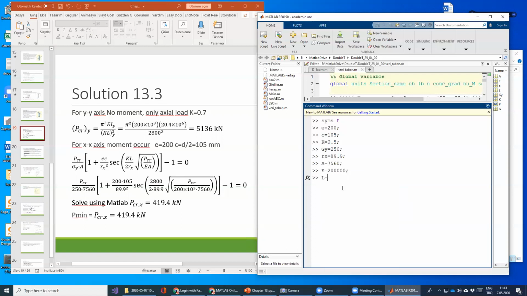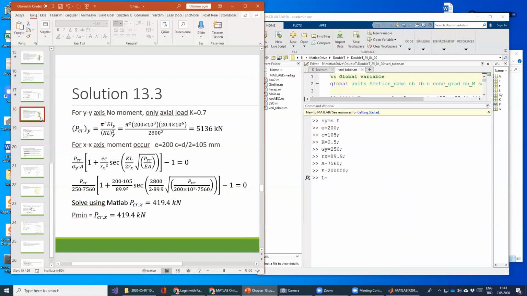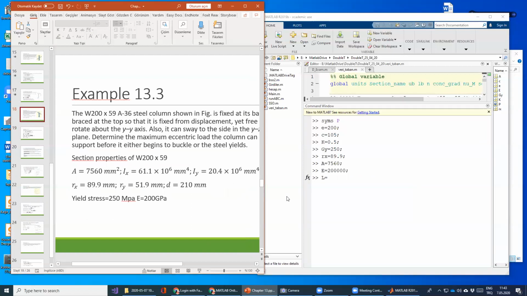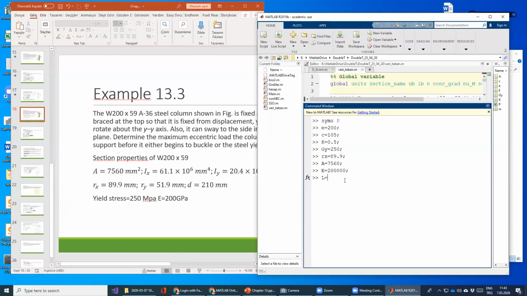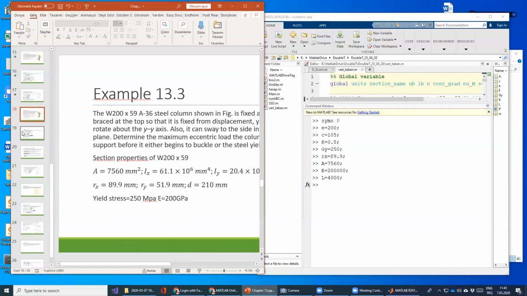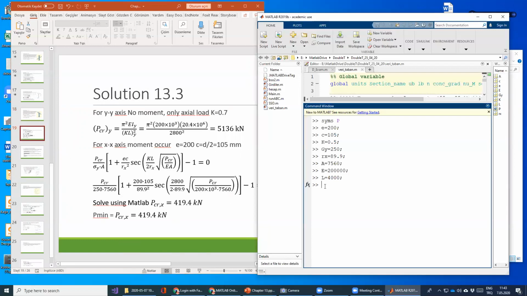Also L is equal to, we're working with millimeter. What is the value of L? In our question, L is equal to 4 meter. Therefore, we need to convert to millimeter, 4,000. Okay, go back to our equation.